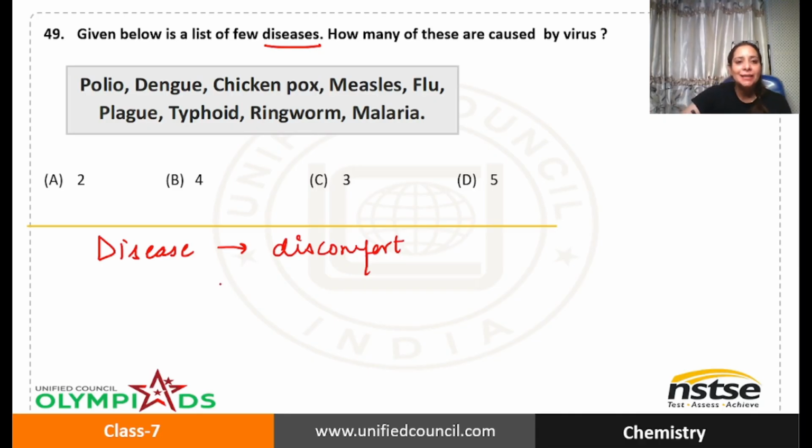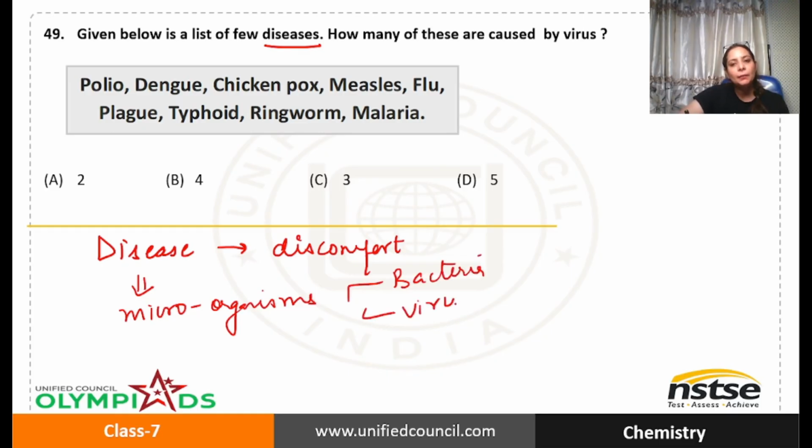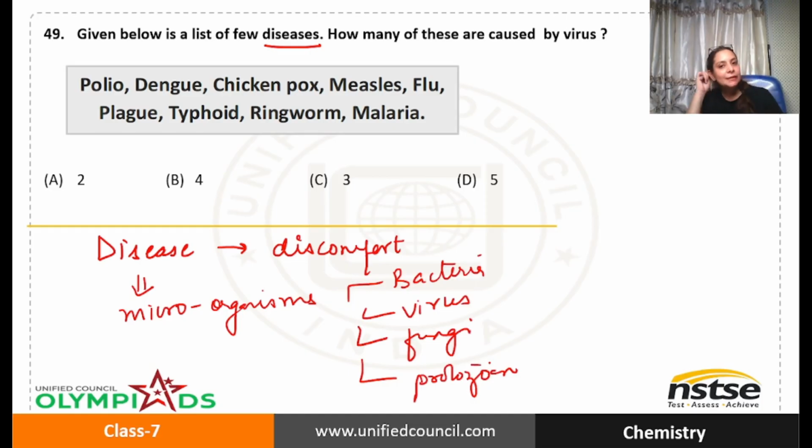Now diseases, most of the time, are caused by microorganisms. So microorganisms are the causative agents which cause diseases. Few diseases are caused by bacteria, may be caused by viruses, may be caused by fungal infection, that is fungi, may be caused by some protozoan. So these can be the microorganisms, the causative agents which are causing the diseases.